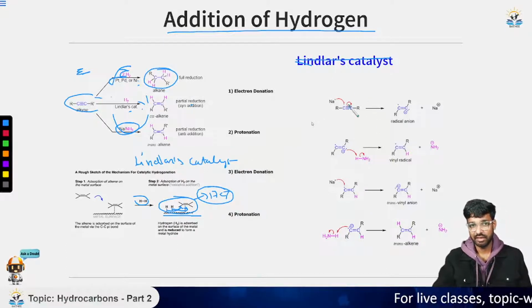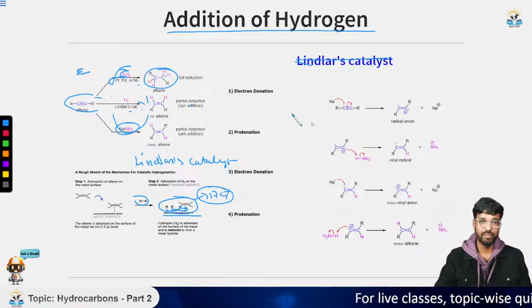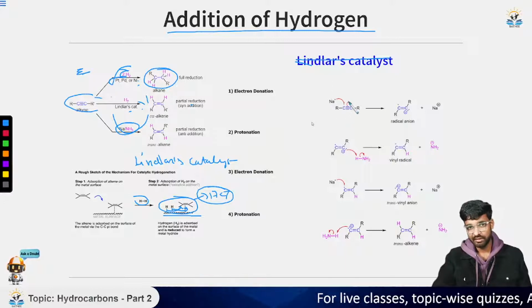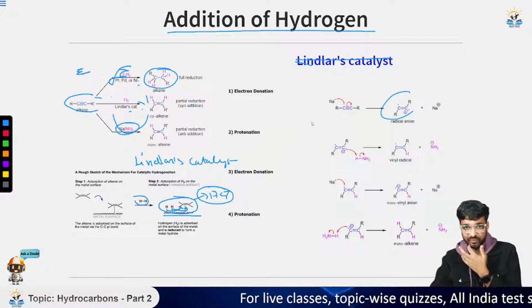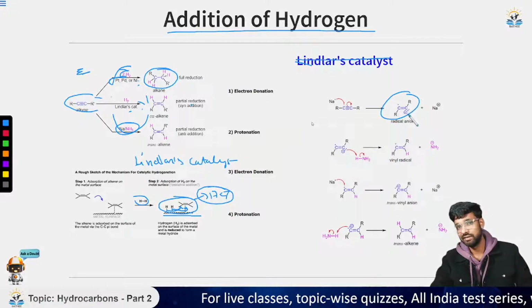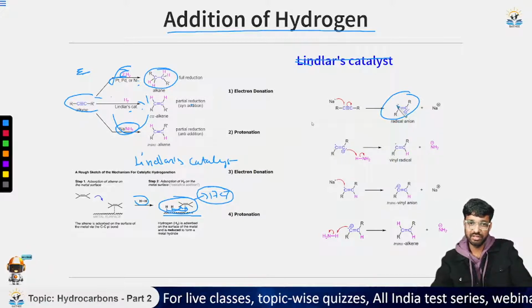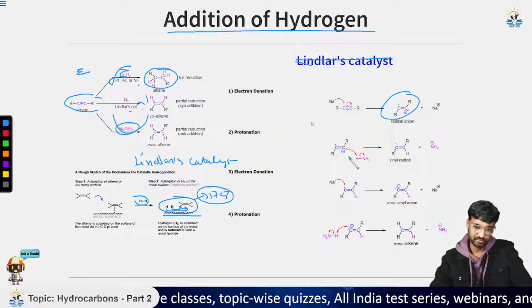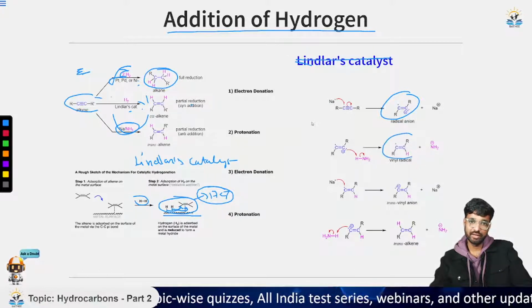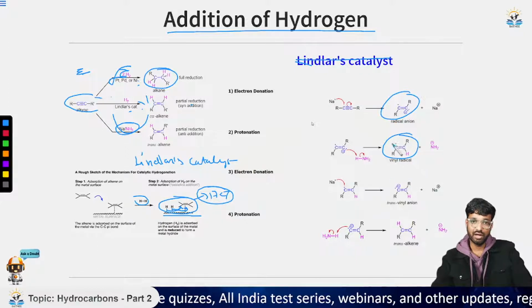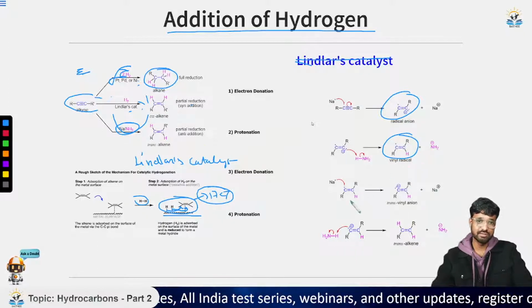But in the case of the electron method, if we use sodium metal in the presence of NH3, then this sodium metal will give one electron and we will form a trans type of intermediate, that is a radical anion, and the negative ion will be on the opposite side of the radical. Now this negative will take H from NH3 and form a species having a radical trans to this hydrogen.